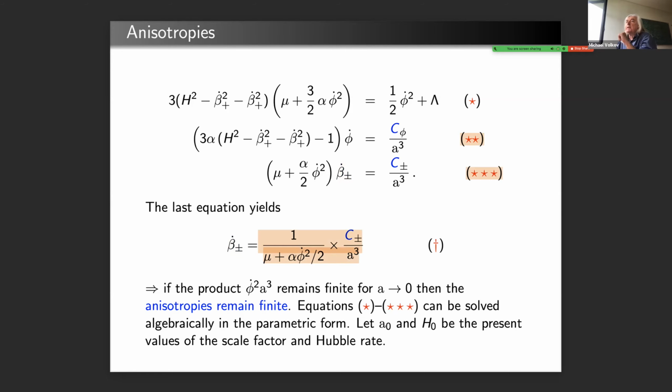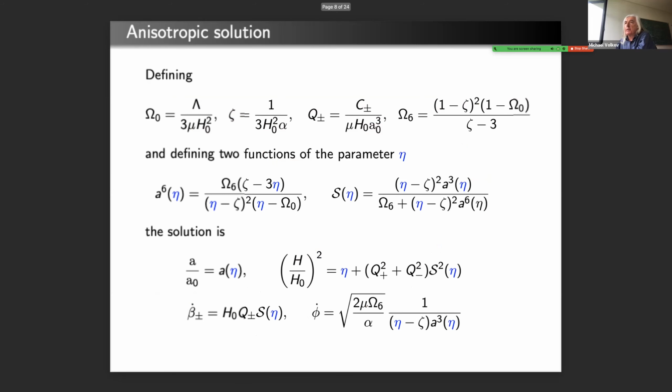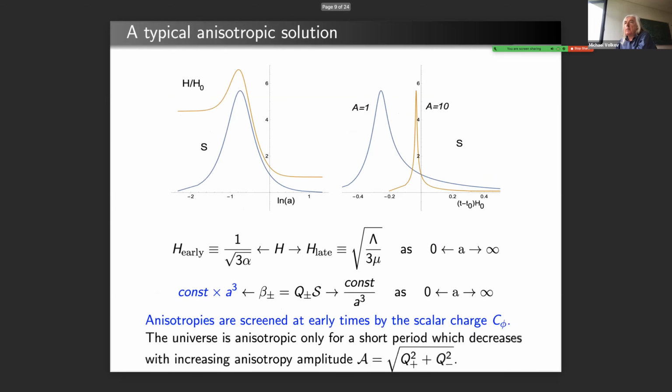And in this case, if this is the case, then the anisotropies will not be enhanced near the singularity, but on the contrary, they will be suppressed. And in fact, when we solve these equations, these equations are actually algebraic. They can be solved in parametric form, and then we discover the following solution.